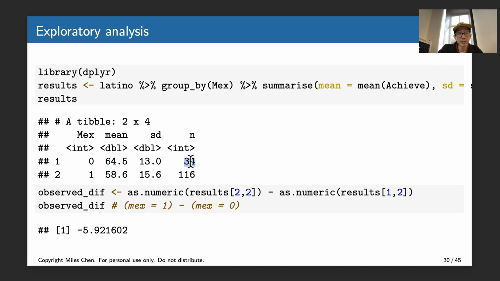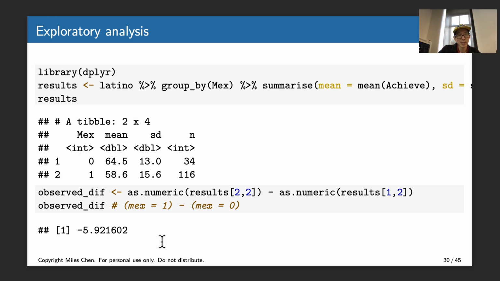If we take the mean of these 34 people, we get a 64.5. So the question is, we're getting two different means, 64.5 versus 58.6, a difference of around 5.9 points, and is that difference statistically significant?